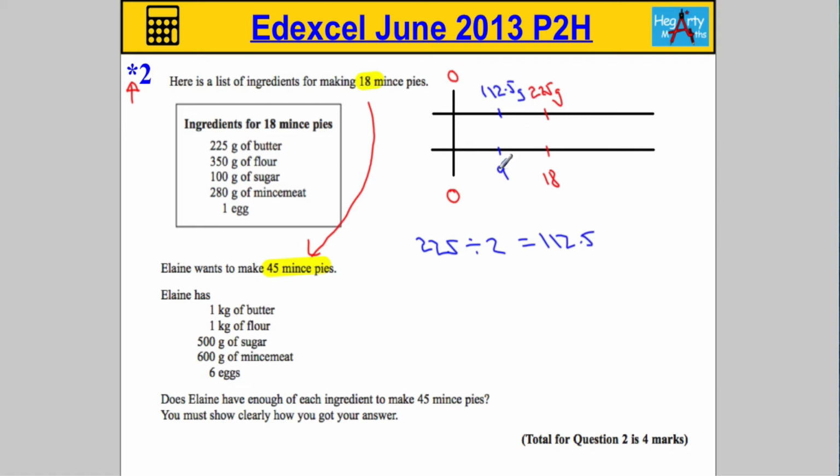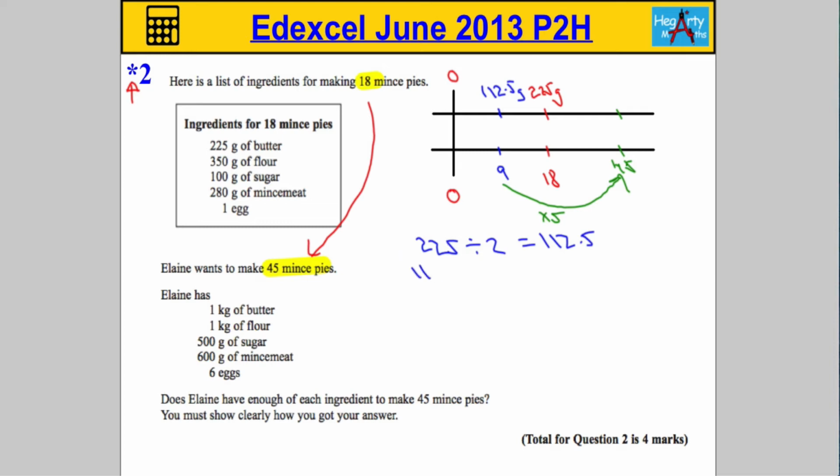And then that would tell me 9, but I want 45. And I know that 5 lots of 9 is 45. So I'm going to have to do the same up here. I'm going to have to times 112.5 by 5.